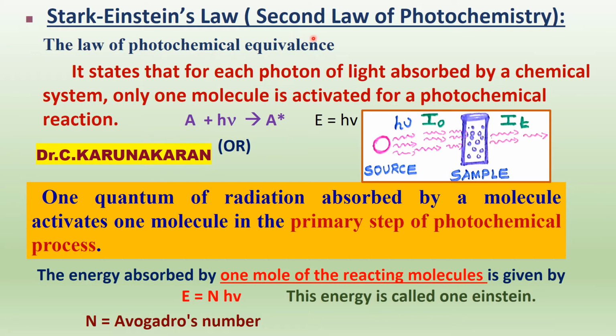Let us now study the second law of photochemistry. It is also called Stark-Einstein's Law, also called Law of Photochemical Equivalence. It states that for each photon of light absorbed by a molecule in a chemical system, one molecule is activated for a photochemical reaction.